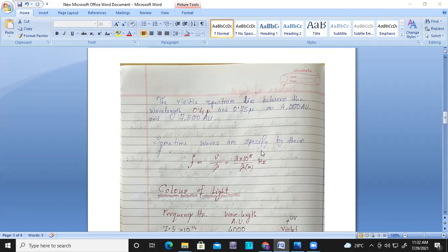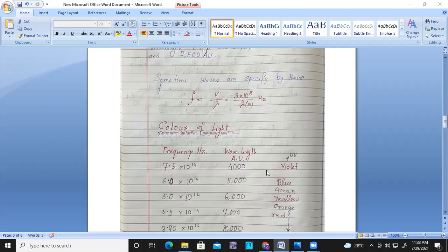That's why we say that in this range we do not specify it, and somewhere you can split this in a high-resolution spectrum analyzer. You can see 4000 written here, not perfectly 4000. Above this 4000 angstrom, it tends to go ultraviolet, but at the range of 4000 angstrom, it shows the violet range.